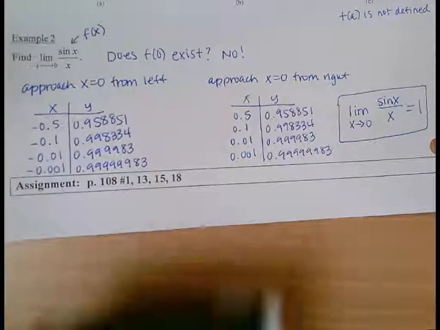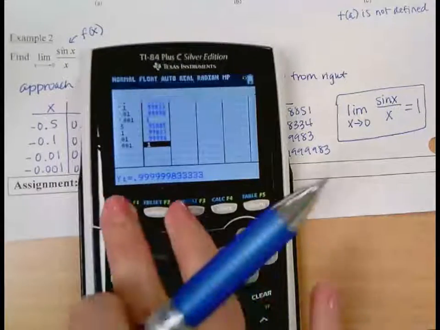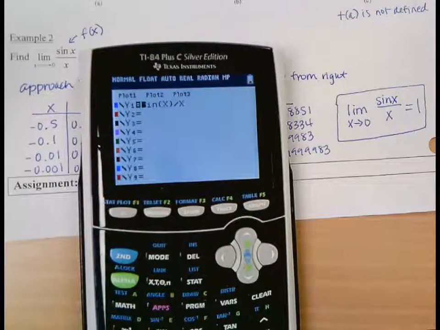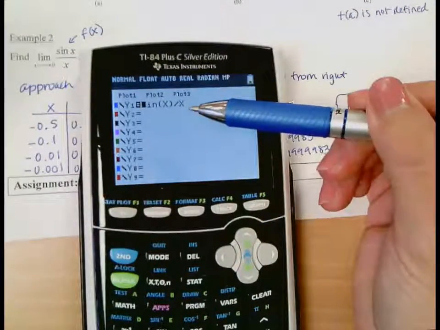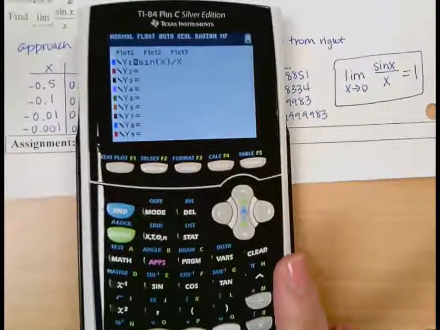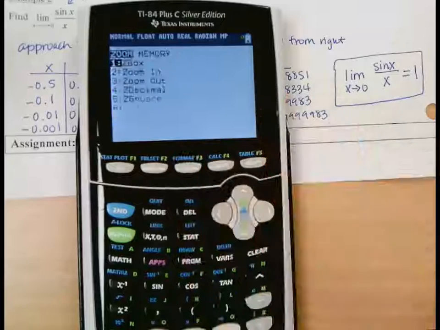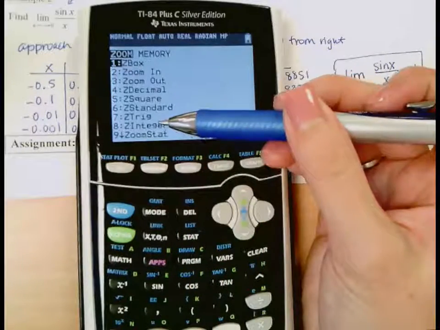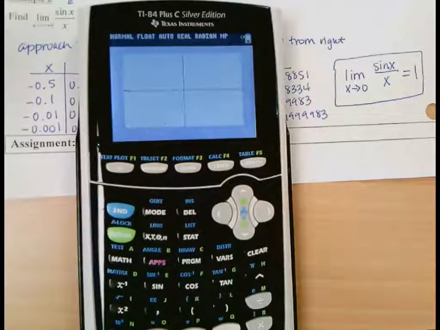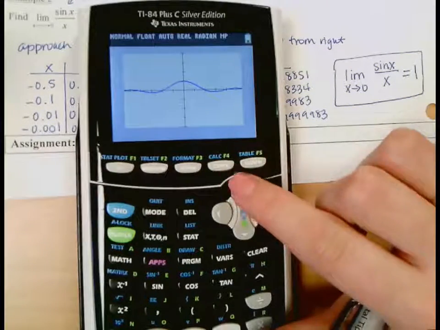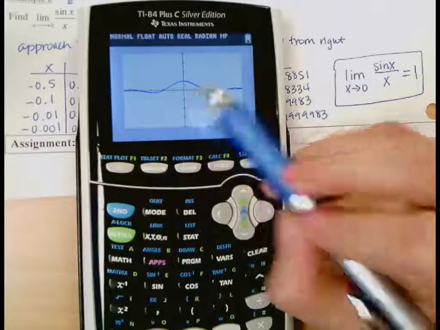If you graphed this, just quickly, it's already entered into your y1, and because this involves trig, I may have talked about this before. Remember, there is a very nice trig viewing window. If you go to zoom and then number 7 is ZTrig. So if you were to look at this graph, and I'm not sure if mine is showing there's a hole.